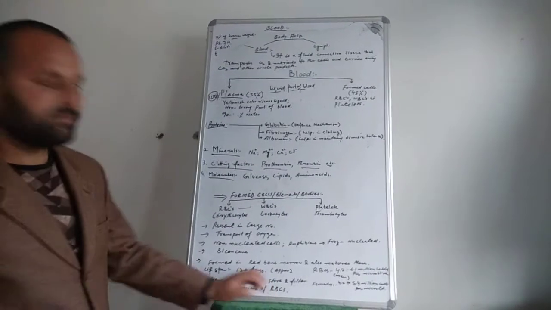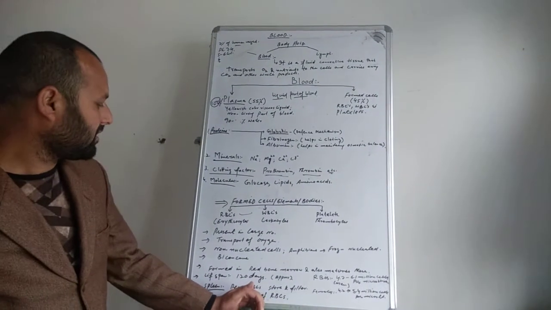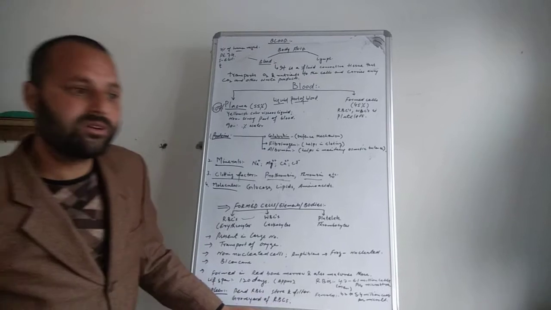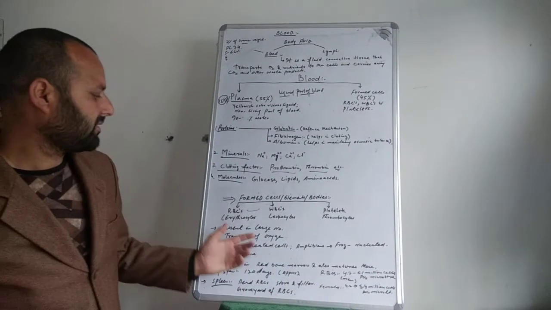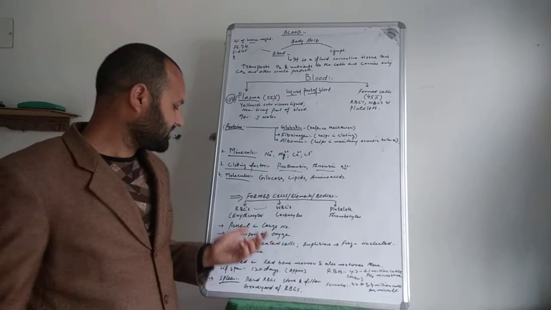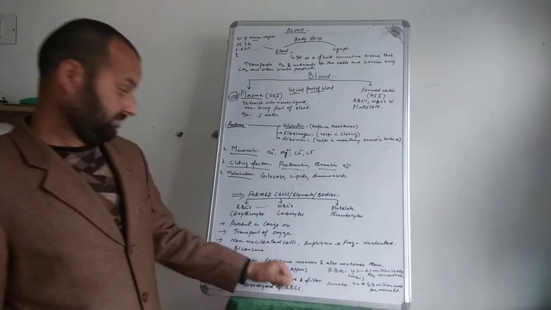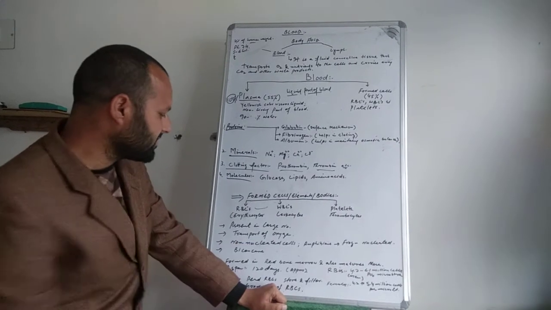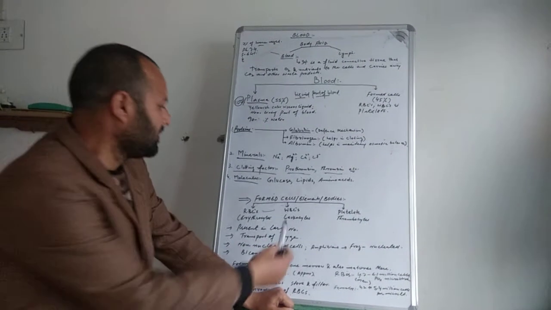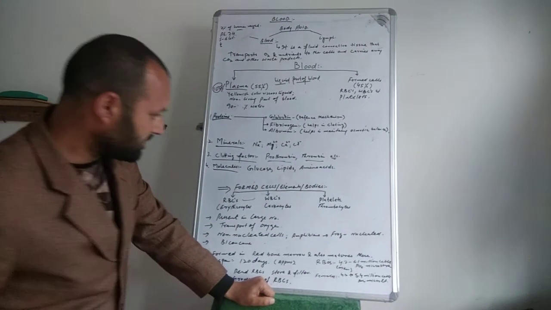It is RBCs. RBCs are also known as red blood cells or red blood corpuscles. The scientific name of RBCs is erythrocytes. RBCs are present in large number as compared to the other formed cells.